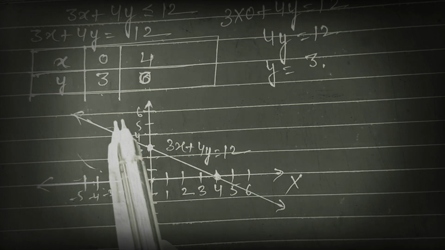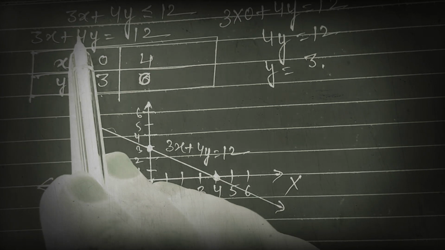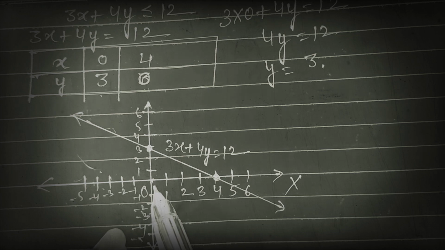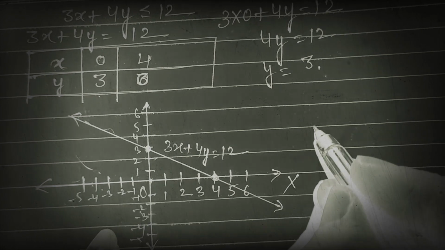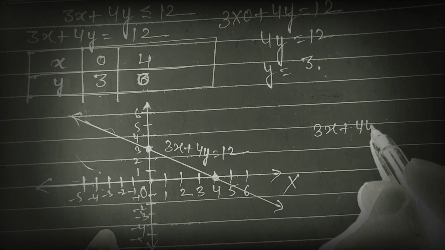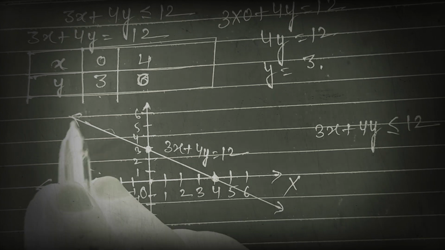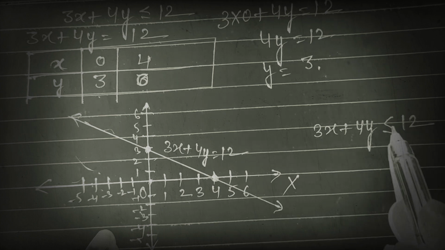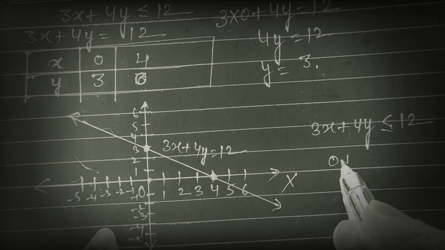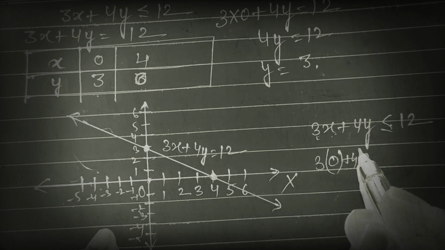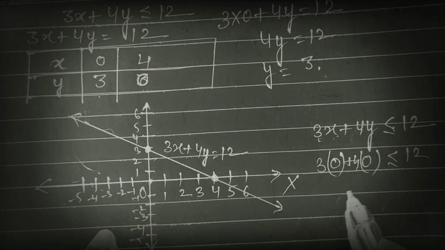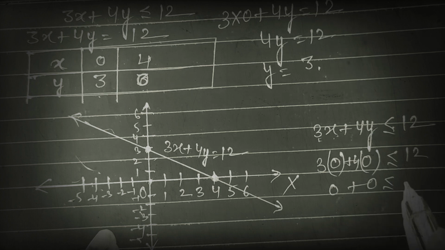Now we want to find the shaded region. Same as the first question, we will put 0, 0 on this graph. So 3x plus 4y is less than or equal to 12. The equation equal to 12 is this line, but for less than we will check 0 plus 0. If we put x is 0 and y is 0, is it less than 12 or not? 0 plus 0, it is less than 12.